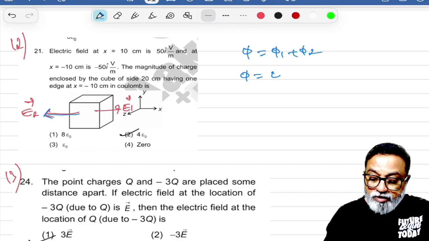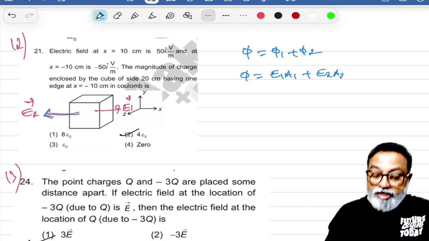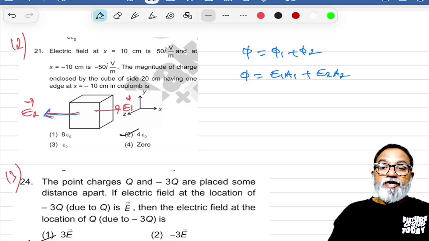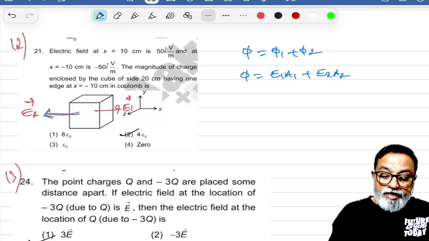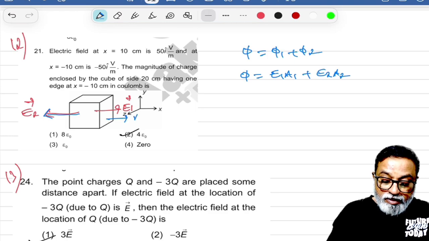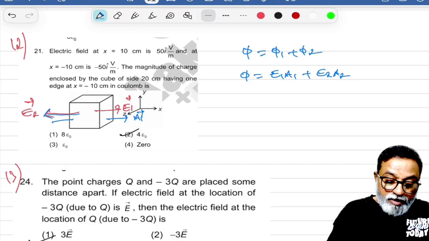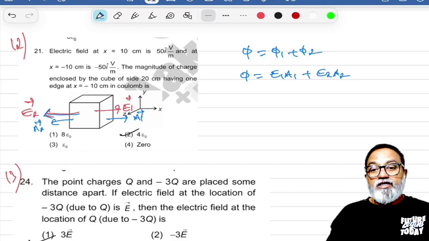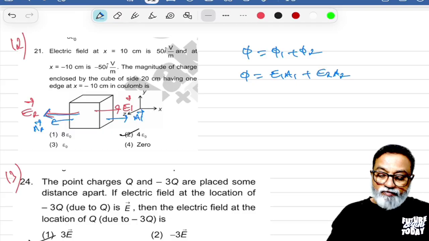So this becomes E1 A1 plus E2 A2. Flux phi is equal to E A cos theta. Here area vector A1 bar and area vector A2 bar are both in the same direction, therefore theta is 0 and cos 0 is 1.